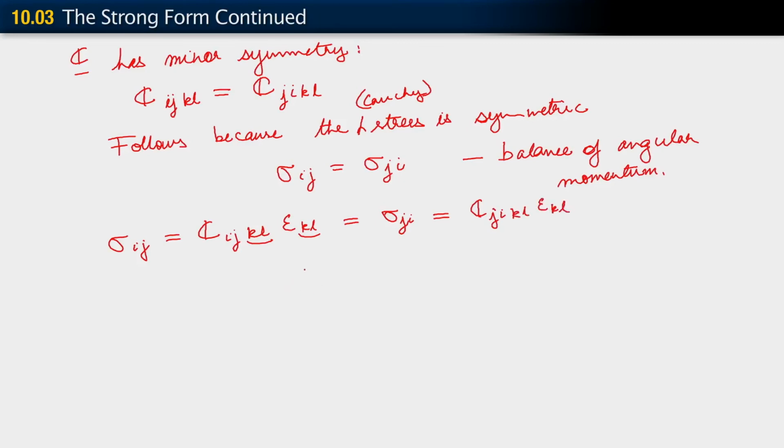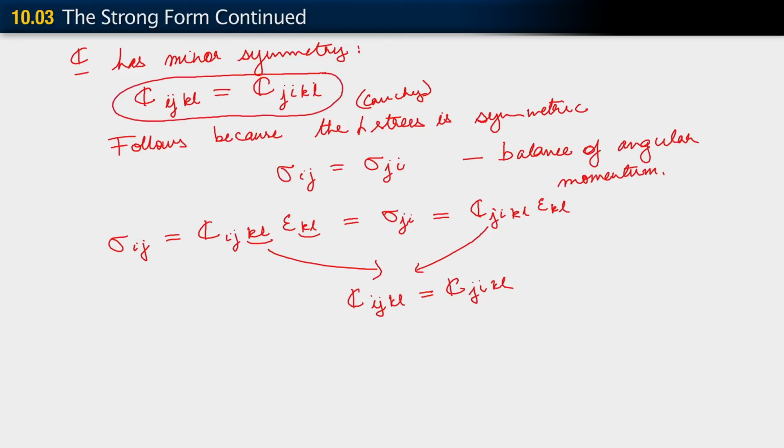These two conditions then imply that Cijkl equals C jikl, which is this condition of minor symmetry that we'd put forth.